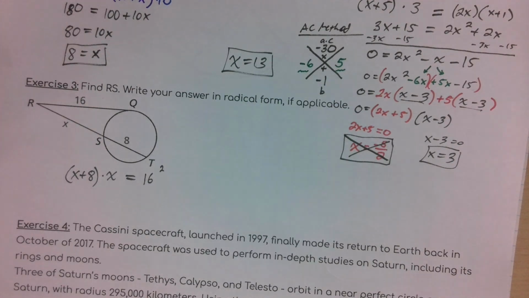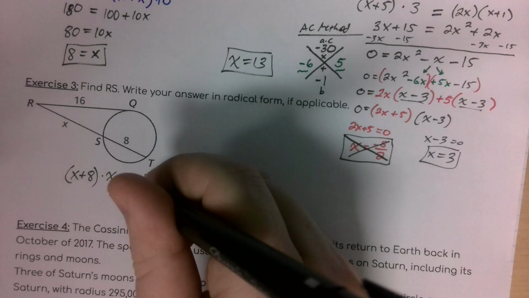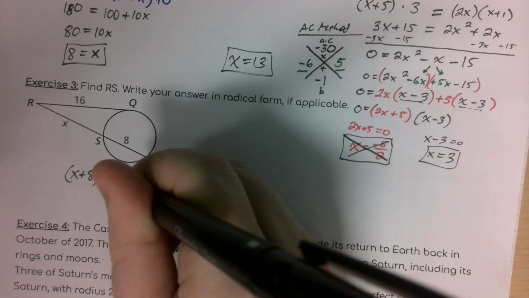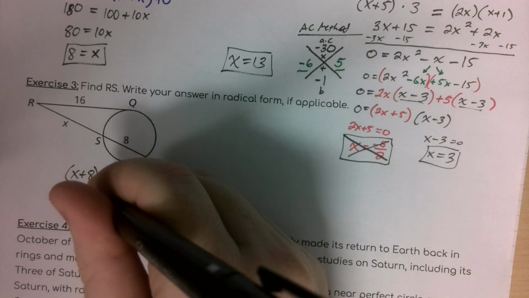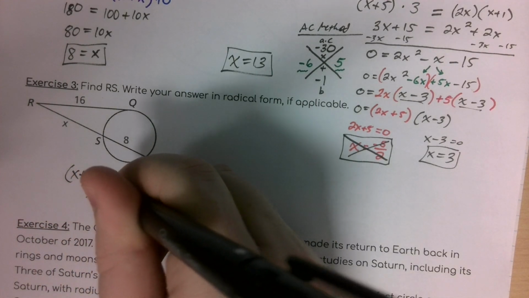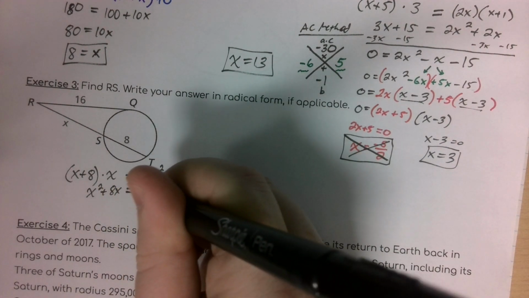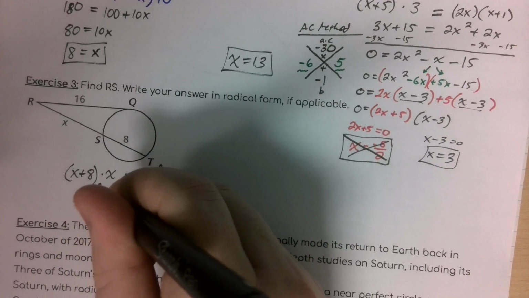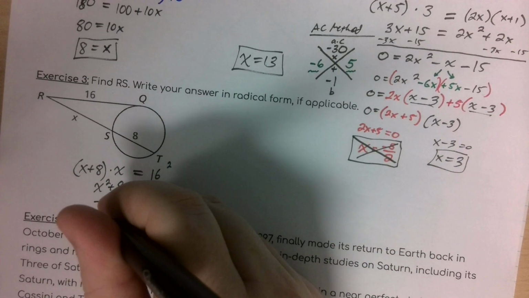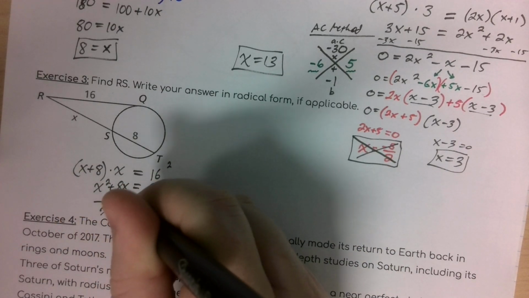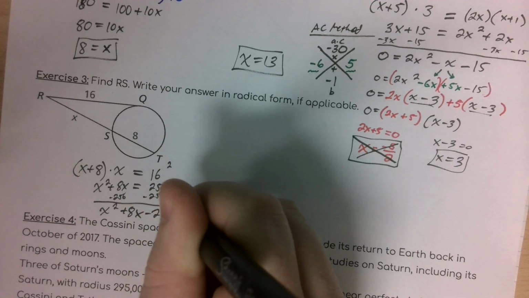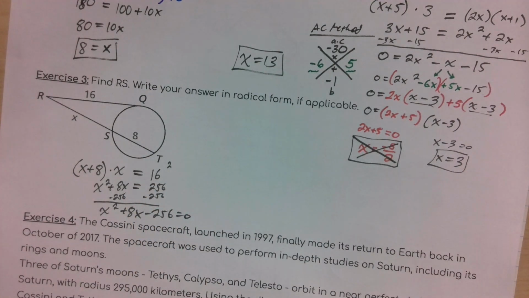So let's do this part together. 16 squared is 256, and x times x plus 8 is x squared plus 8x. Oh my goodness, we have yet another problem that's going to involve either factoring, completing the square, or the quadratic formula. x squared plus 8x minus 256 equals 0.